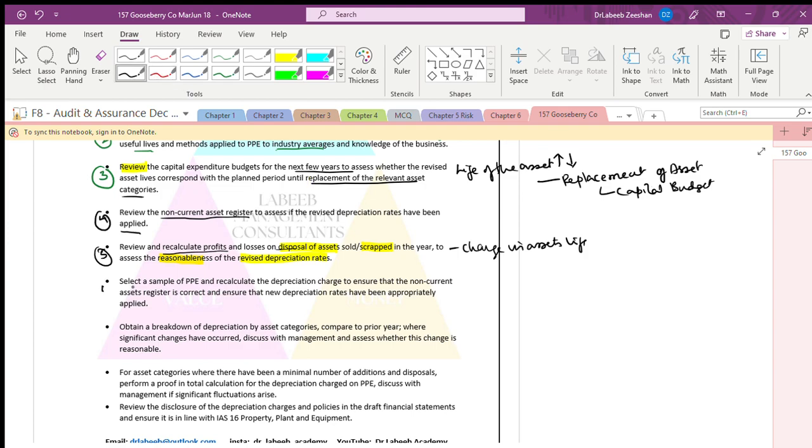What is point number 6? Select a proper sample. We cannot do each and every asset, property, plant, equipment. Select a sample of property, plant, equipment.